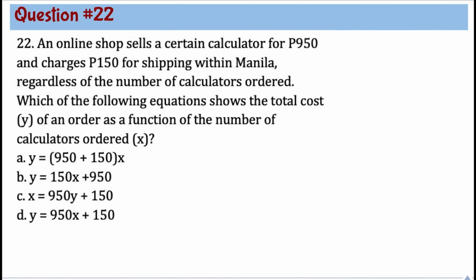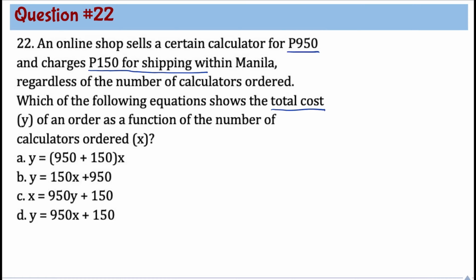Question number 22. An online shop sells a certain calculator for 950 pesos and charges 150 pesos for shipping within Manila, regardless of the number of calculators ordered. Which of the following shows the total cost of an order as a function of the number of calculators ordered x?